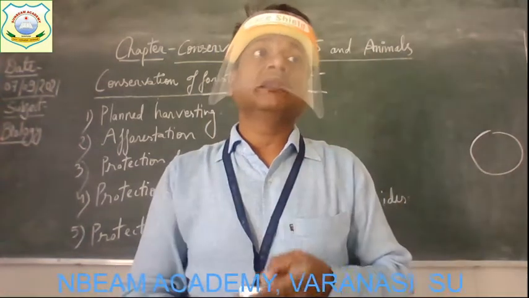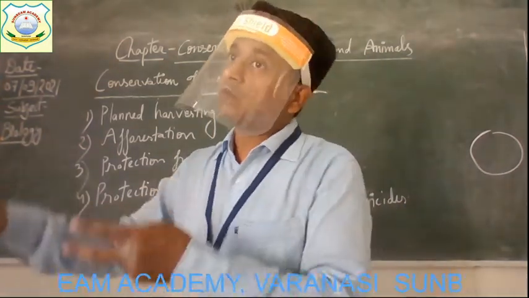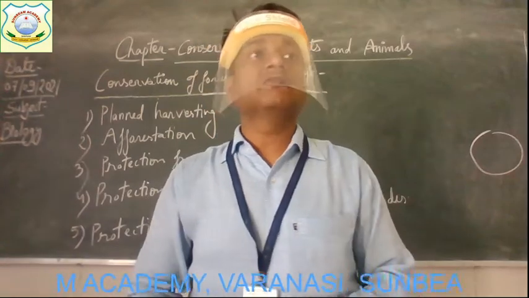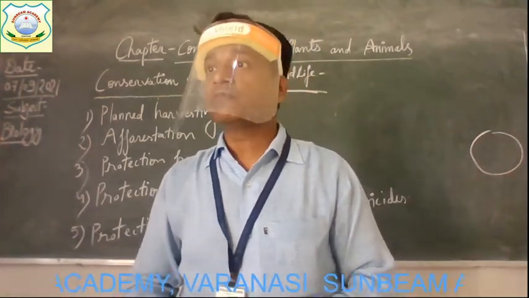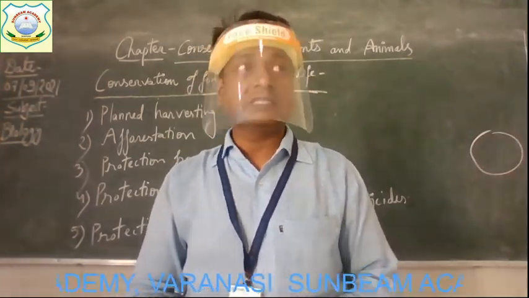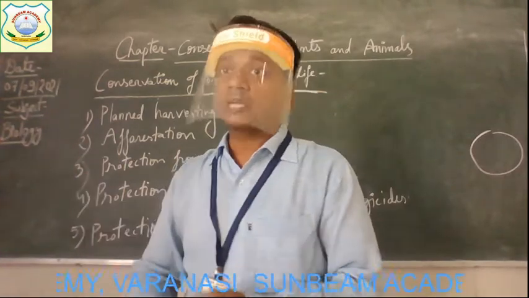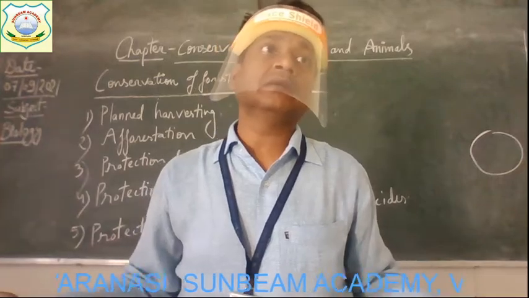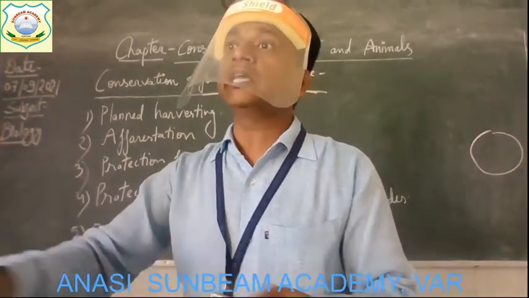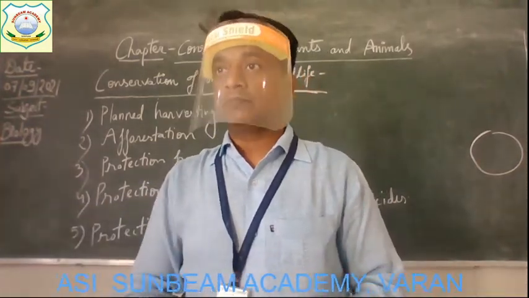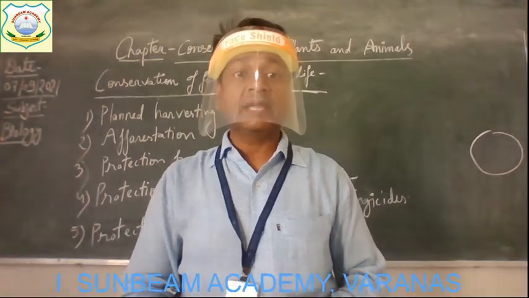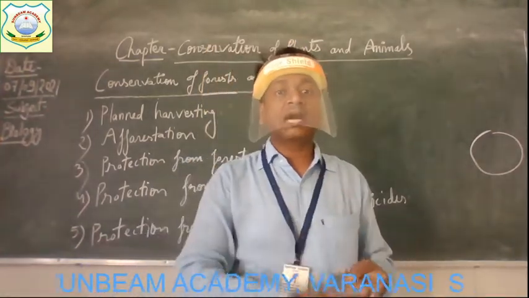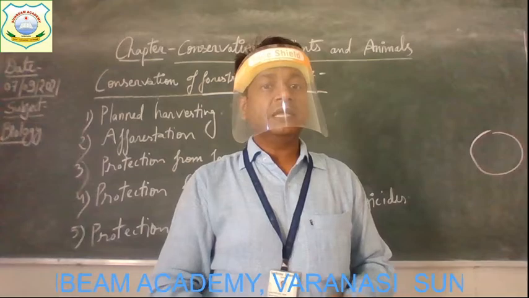If we conserve the forest, then the wildlife can be protected, because forests are the natural habitat of wildlife. If forest conservation does not occur, deforestation will occur, then what will happen? The wildlife also lose their natural habitat to survive. Right? That is why it's given that they are closely related to each other.